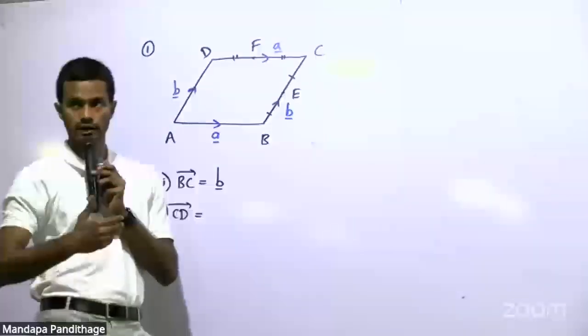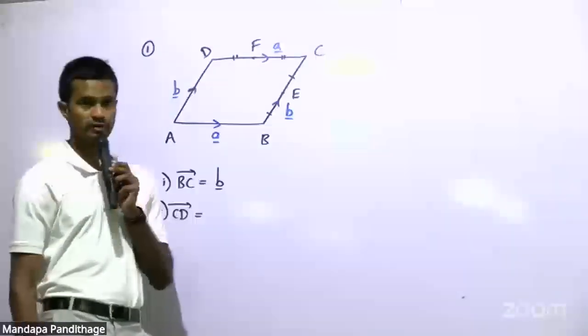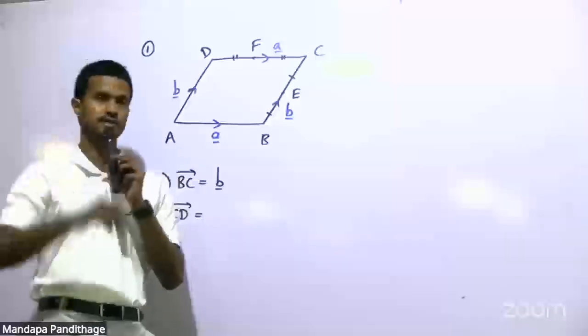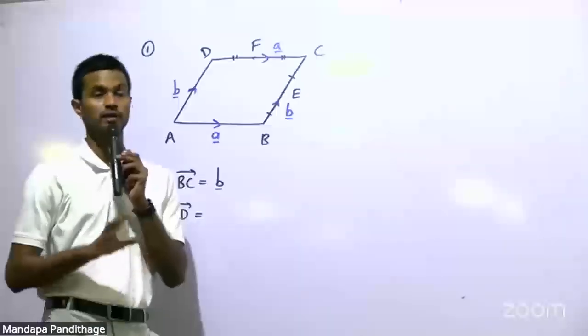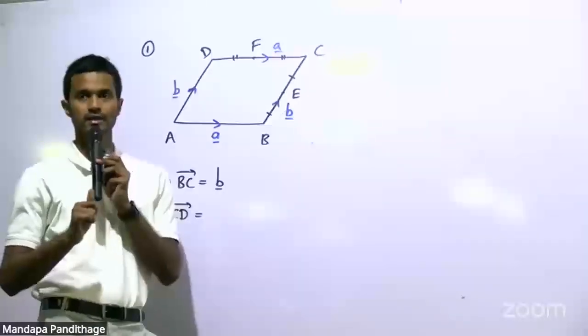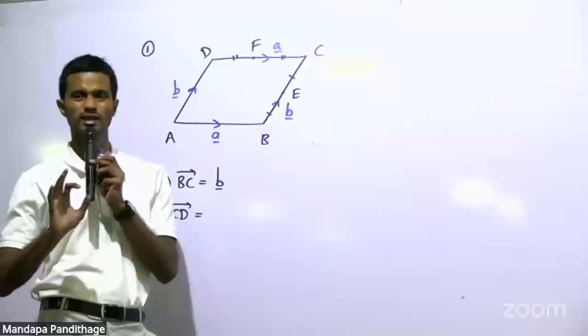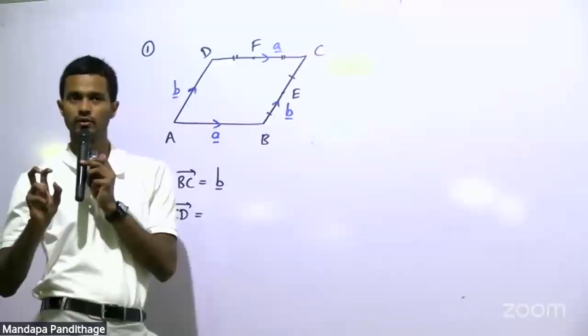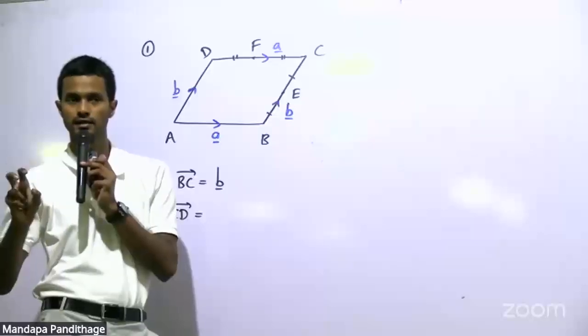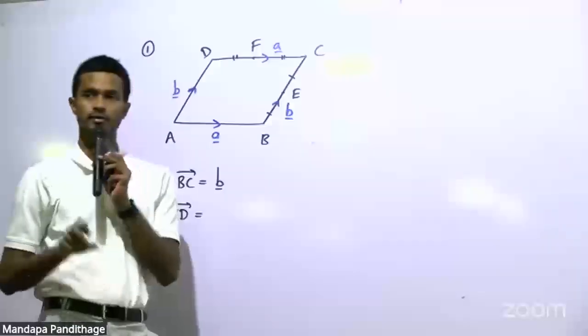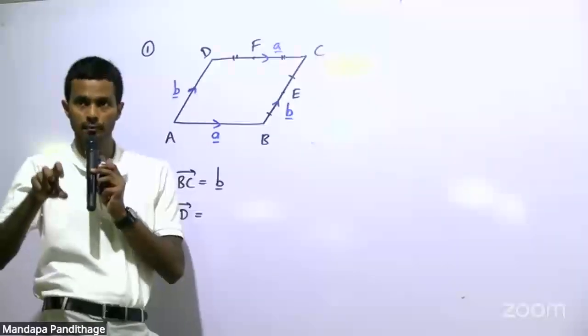Most of the students tend to first learn the theory, but they are not that sure about the theory, and they are trying to understand the theory from a problem. They are trying to understand the theory while applying the theory.